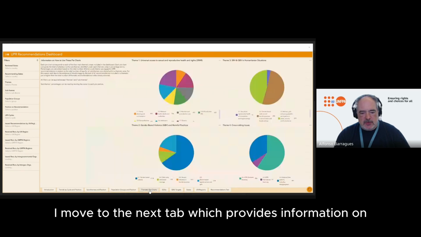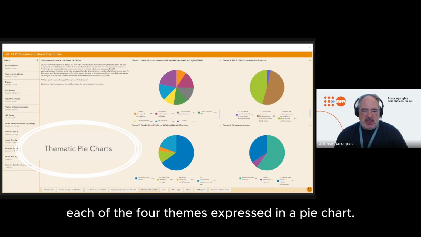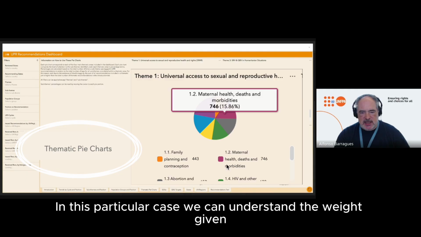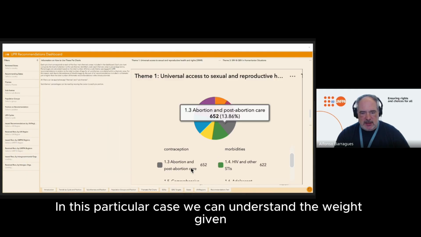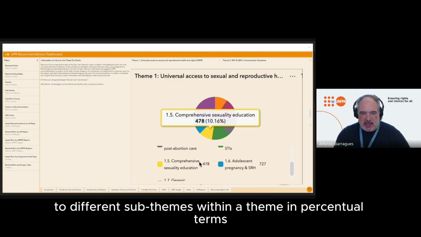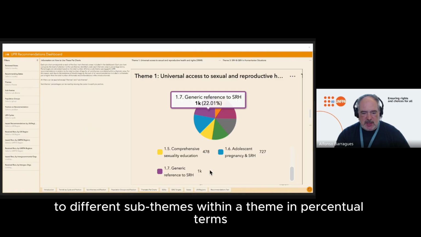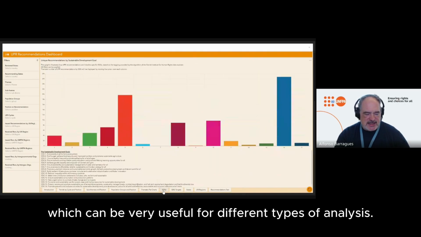I move to the next tab, which provides information on each of the 4 themes expressed in a pie chart. In this particular case, we can understand the weight given to different sub-themes within a theme in percentual terms, which can be very useful for different types of analysis.